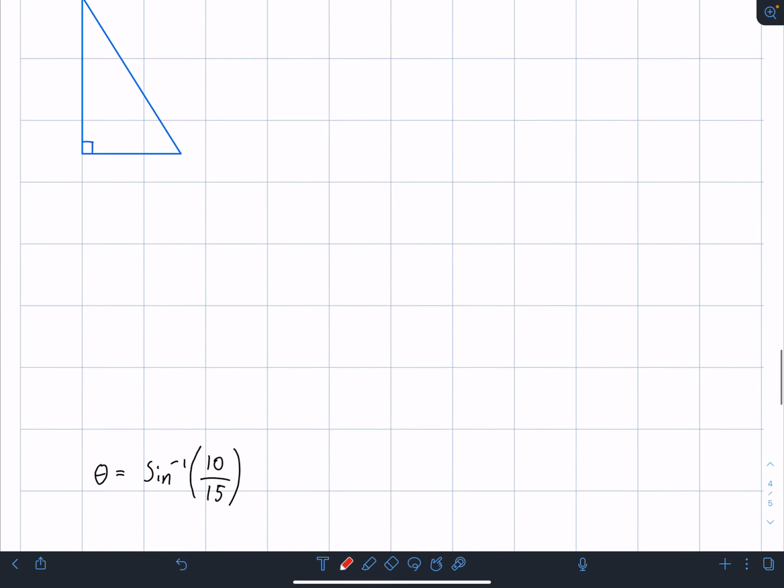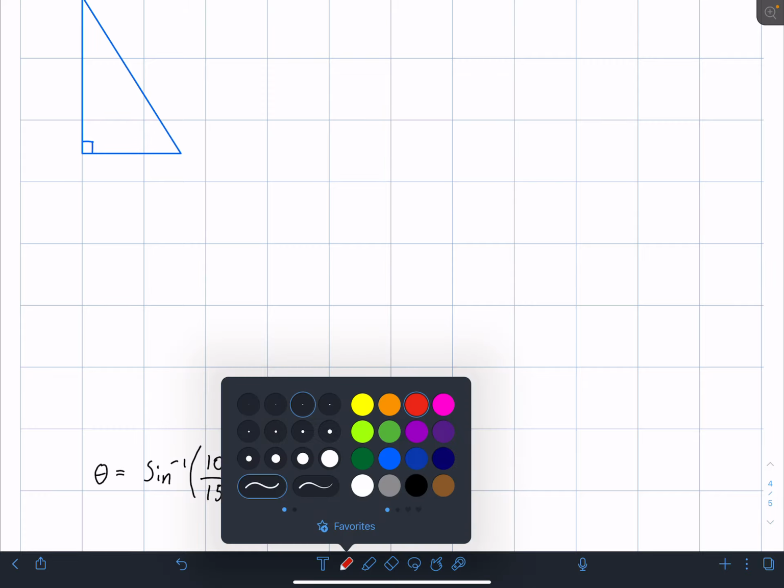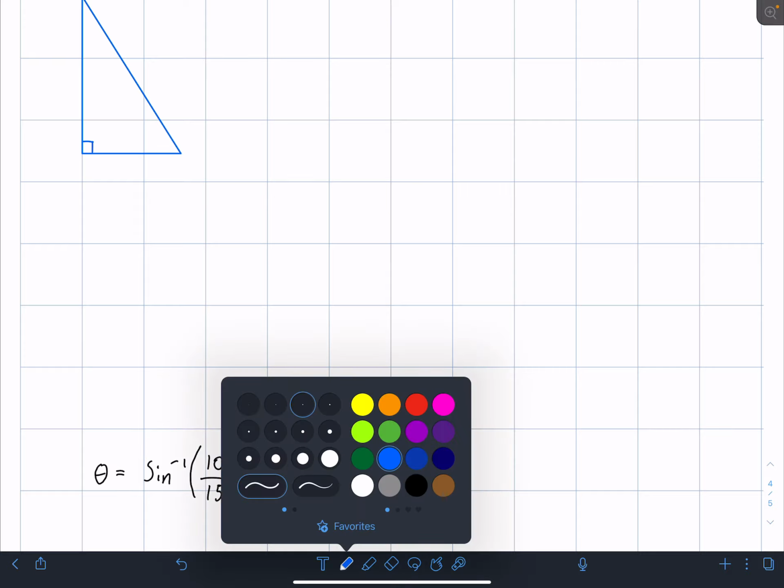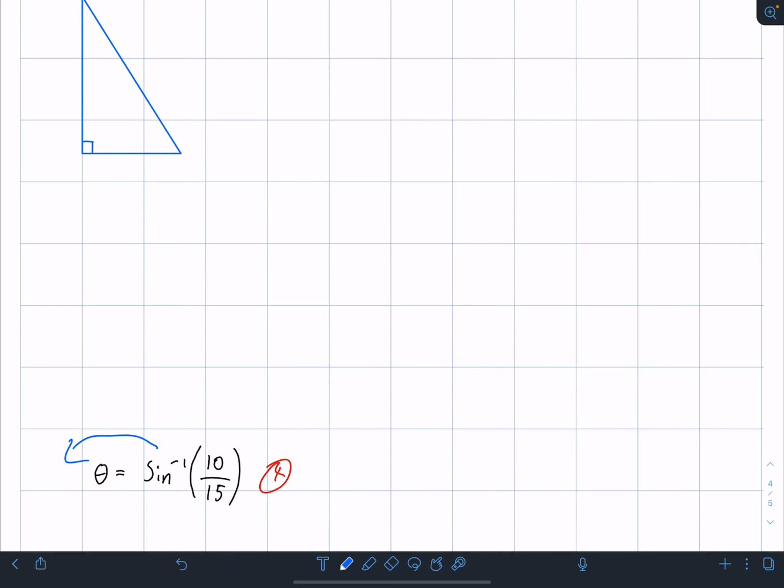Okay, so theta is the unknown here. So theta equals sine to the power of negative 1, bracket 10 over 15. So this is at step 4. And step 3, my apologies, step 3 will become we're going to move the sine.